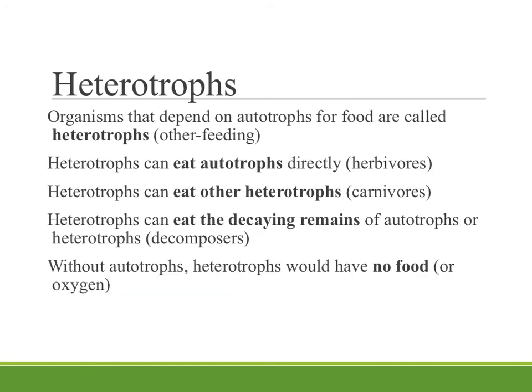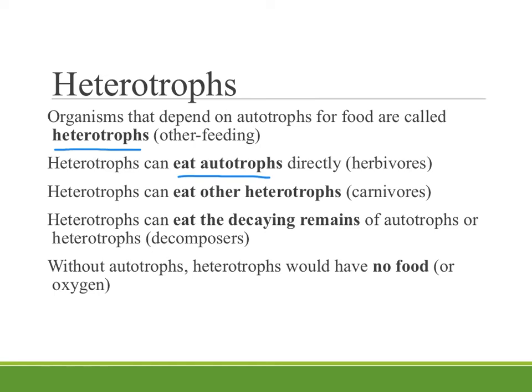Another key vocabulary term is heterotroph, because the organisms that depend on the autotrophs for food are called heterotrophs, which means other feeding. Heterotrophs can eat autotrophs directly to obtain the food, so we typically think of those as being herbivores, like a cow eating grass, but there are many organisms that eat autotrophs directly.